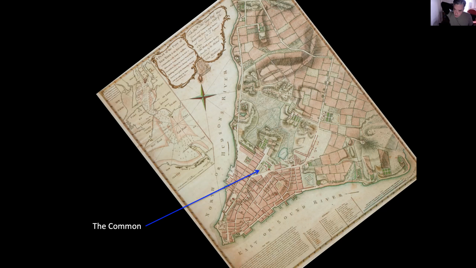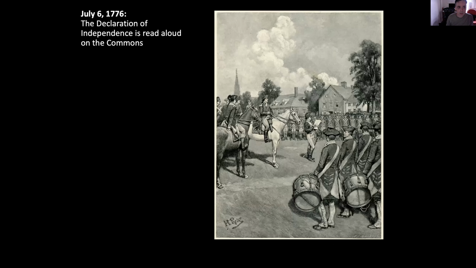And when the Declaration of Independence was written in 1776, it took a few days to reach New York. When it did get there a couple of days later, so it wasn't July 4th, but on July 6th, it was posted around town as a broadside.